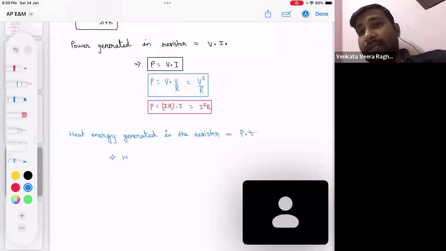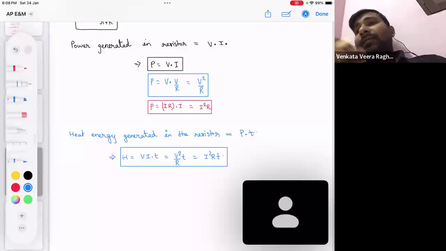So the heat formula can be written as VI into t, or V square by R into t, or I square into R into t. From power, we find the energy by multiplying by time.